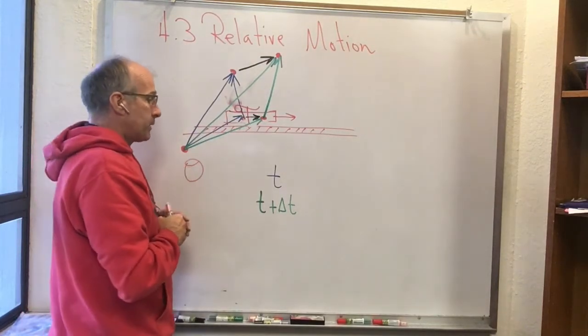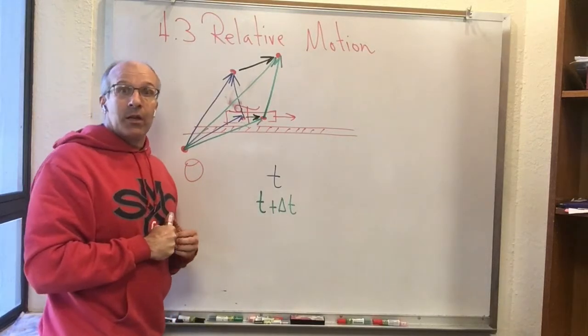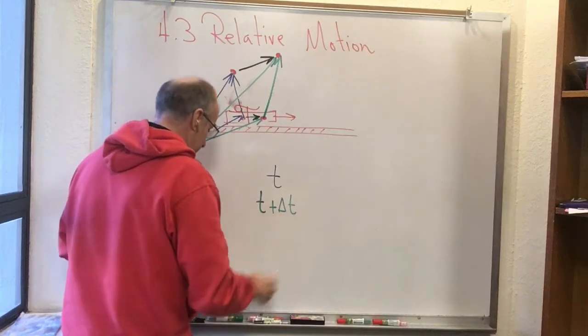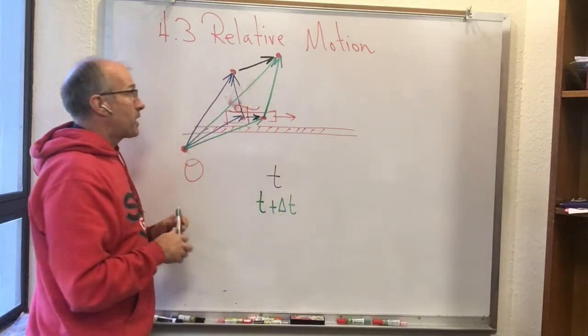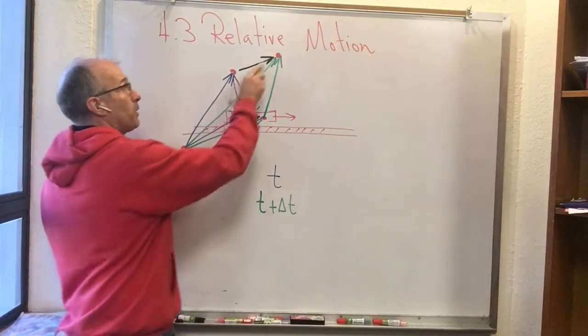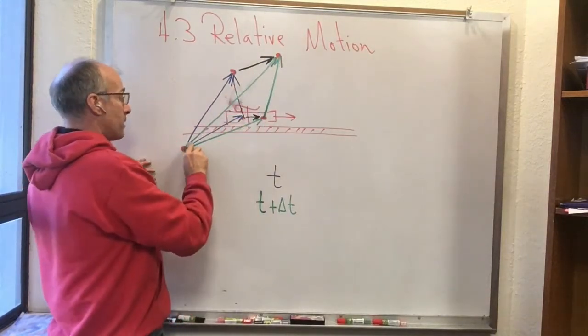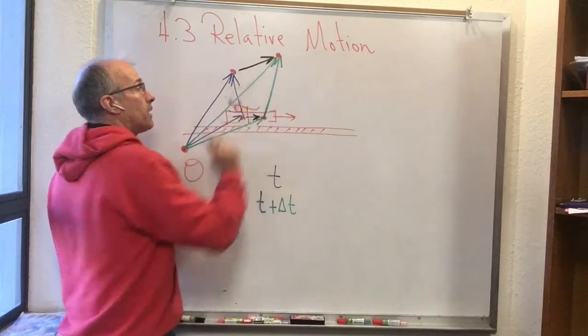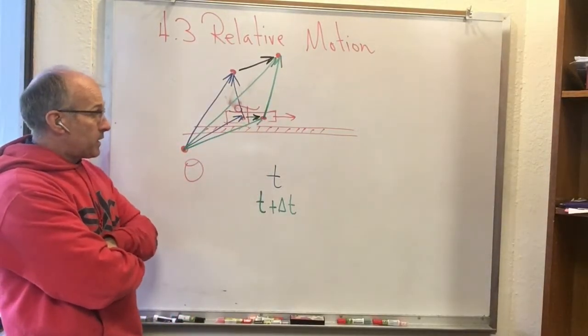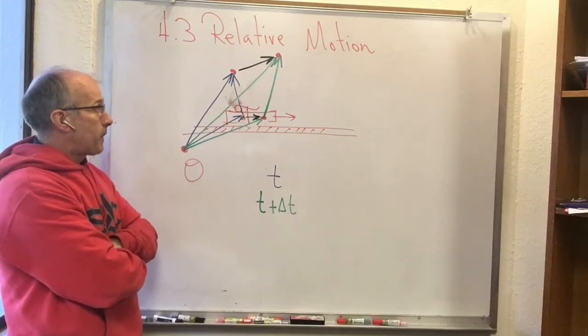All right. Now let's look at what happens a little bit later at t plus delta t. That's what I've got in green. At t plus delta t, you're still here. The plane has moved to here. So now this long green arrow here, that represents where you say the plane is at t plus delta t.